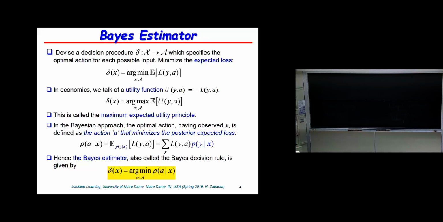The expected loss that makes sense here is the posterior expected loss. We don't know Y, but we have some observation X, and we want to figure out the expected loss with respect to that posterior, and then find the action that minimizes that expected loss. All these Bayes estimators that we discussed are of that nature.